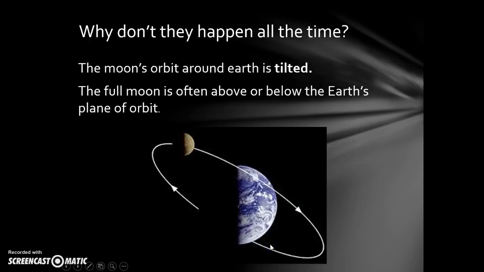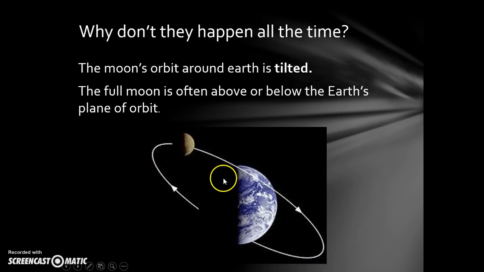So why don't we get eclipses all the time? Well, the moon's orbit around Earth is tilted, which means it doesn't orbit on a single plane. It's kind of this way, tilted. So as a result, the full moon is usually above or below the Earth's plane of orbit. So we'll see it up here in this area, or the full moon is actually here.